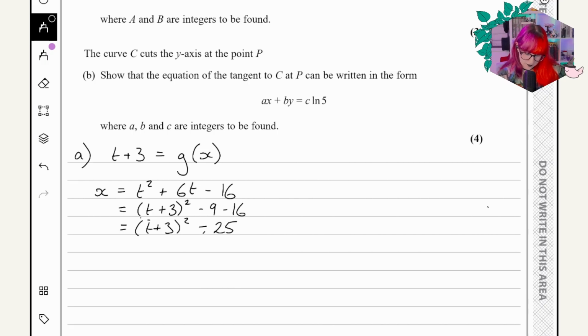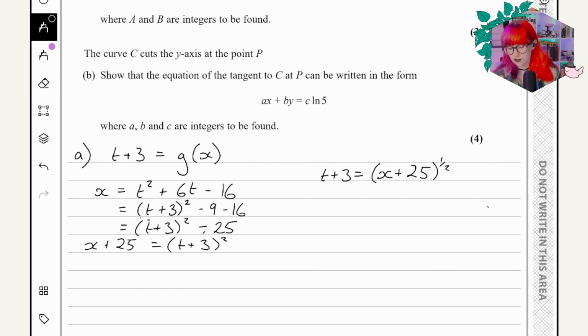Okay. And then we want this in terms of, remember, t plus 3 equals something. So we can do x plus 25 is equal to t plus 3 squared. So we get t plus 3 is equal to x plus 25 to the power of a half, or square root.